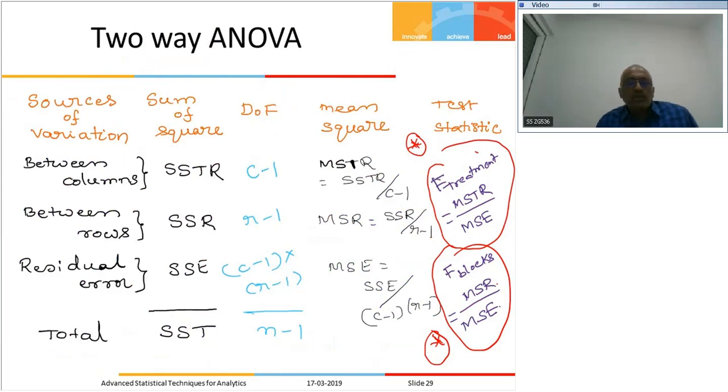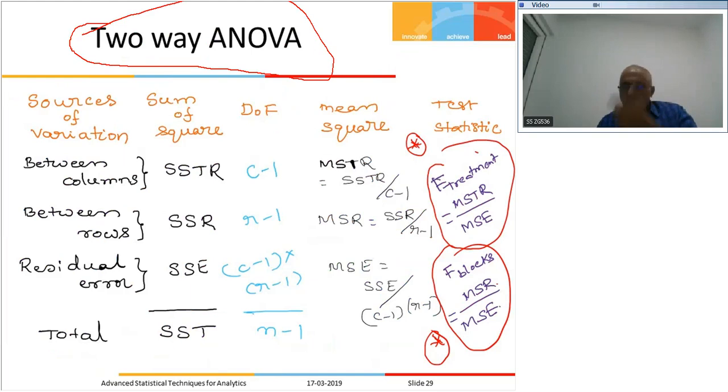Here it is similar, but previously we had only groups, that is only columns.